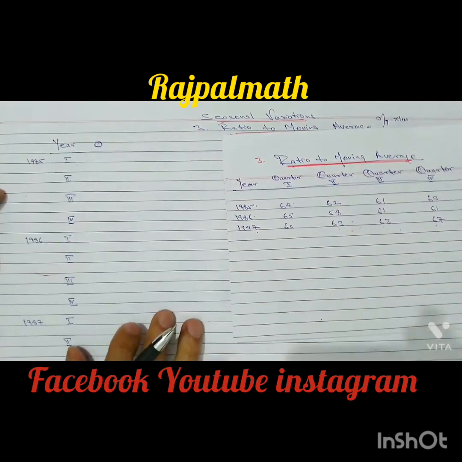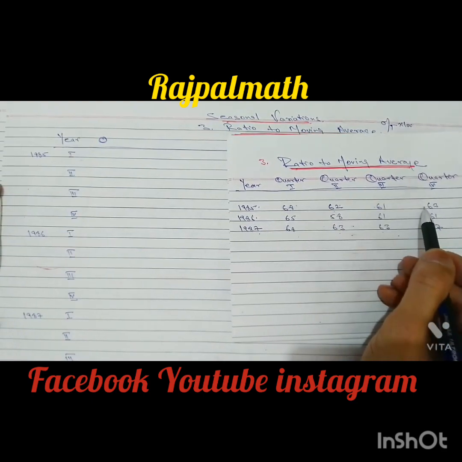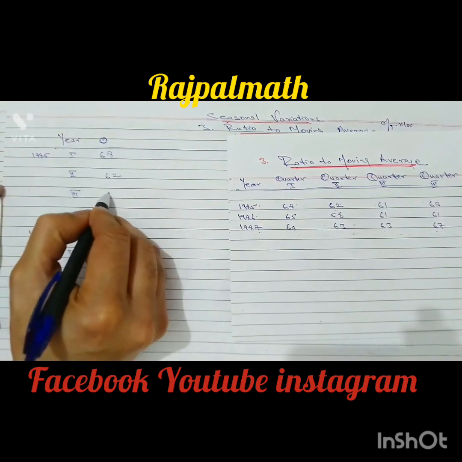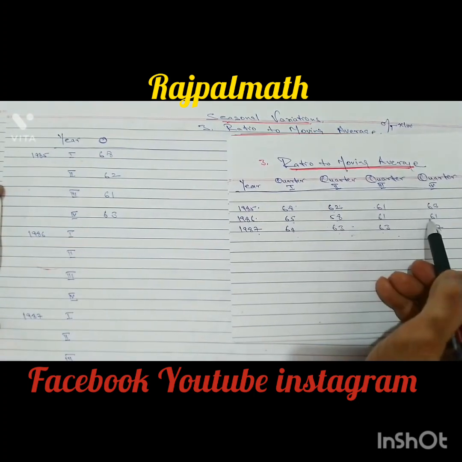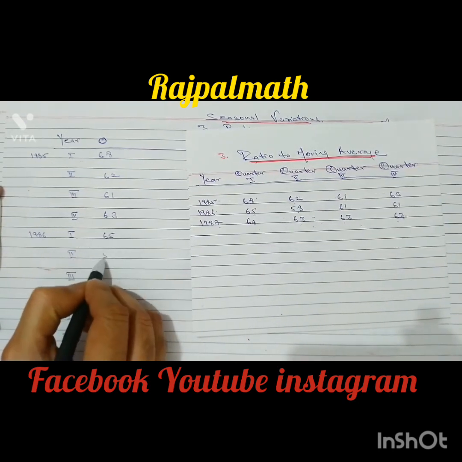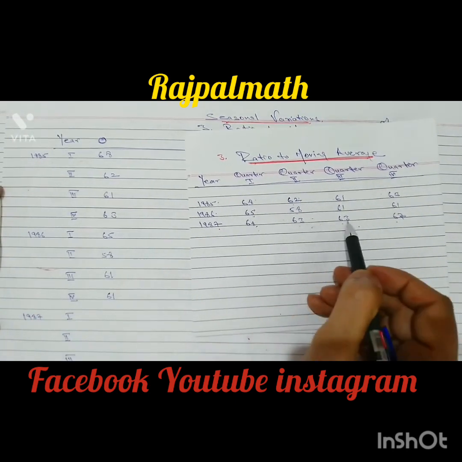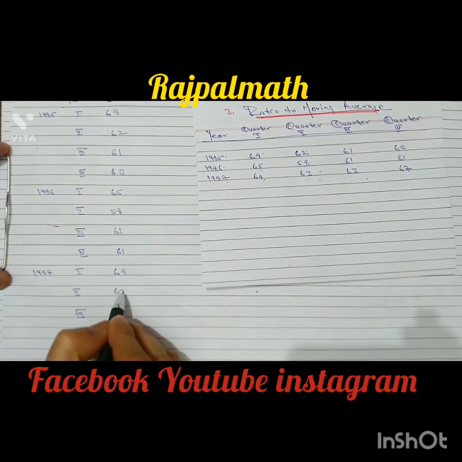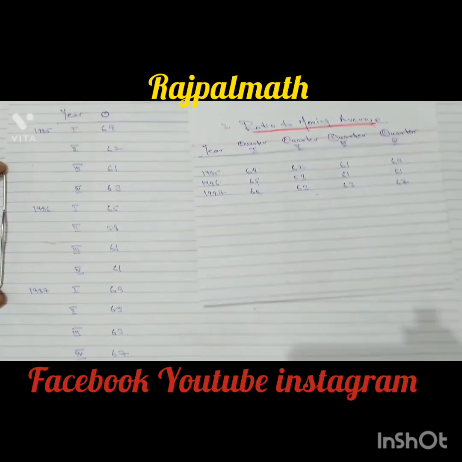The values are: 68, 62, 61, 63; then 65, 58, 61, 61; then 68, 63, 63 and 67.